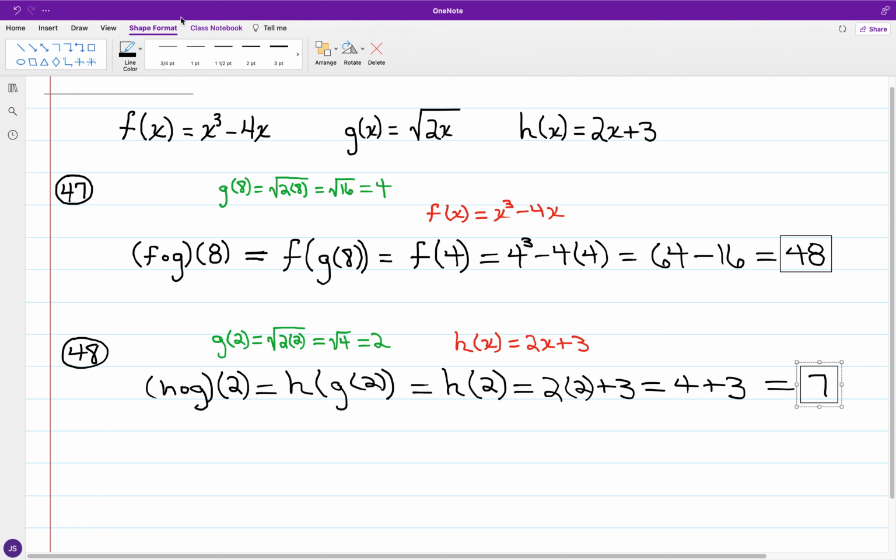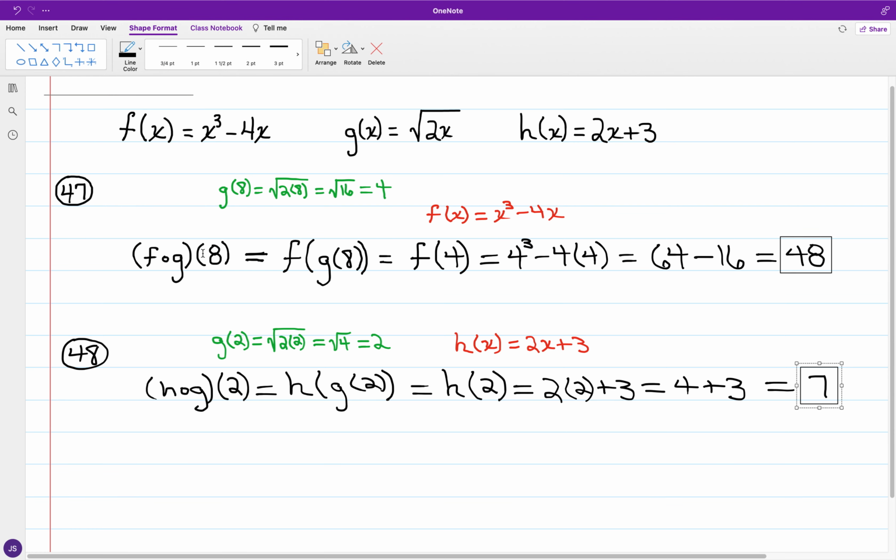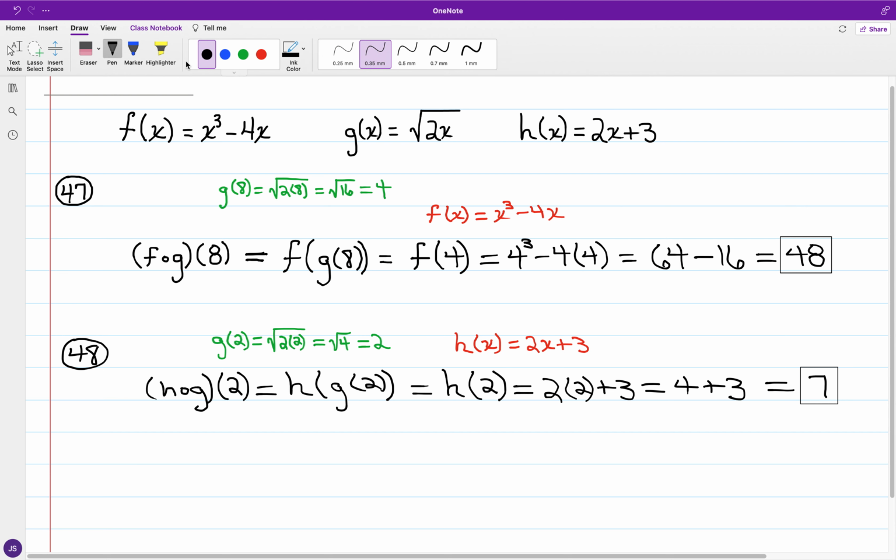Now, in the case of 49, we've been working with f and g, h and g. Now we tie together a composition where we have interaction between f and h. For number 49, we have h composed with f whenever x is set to 1.